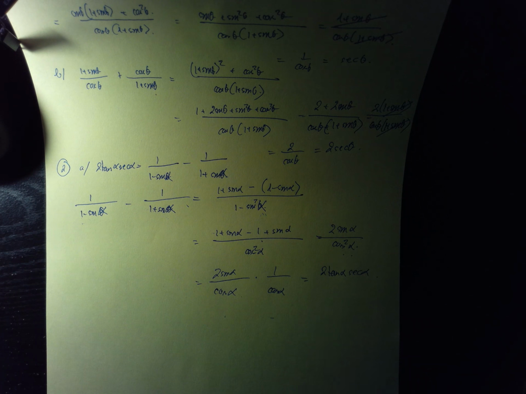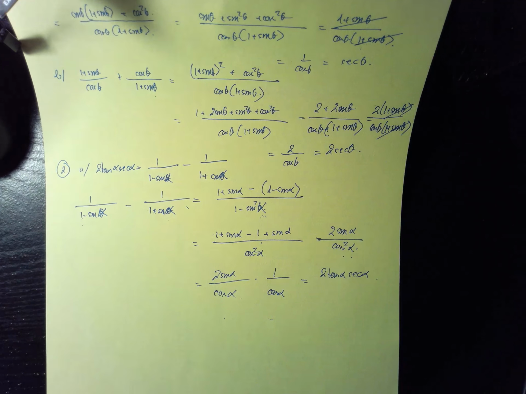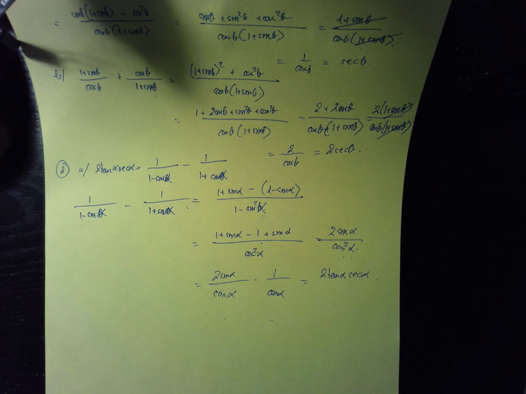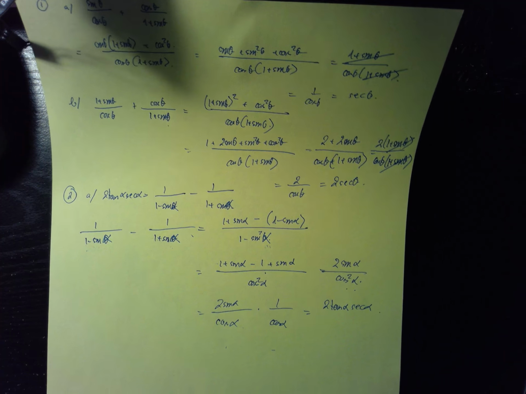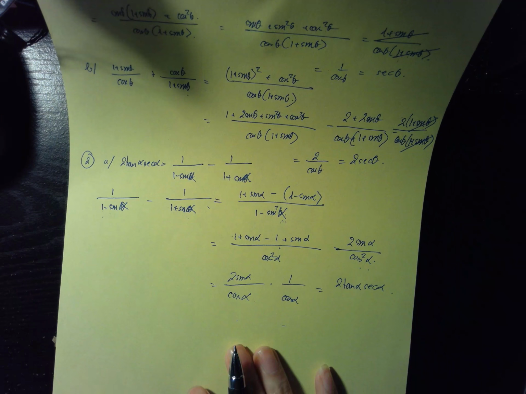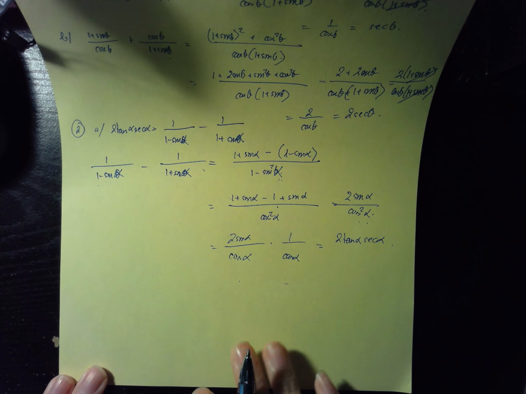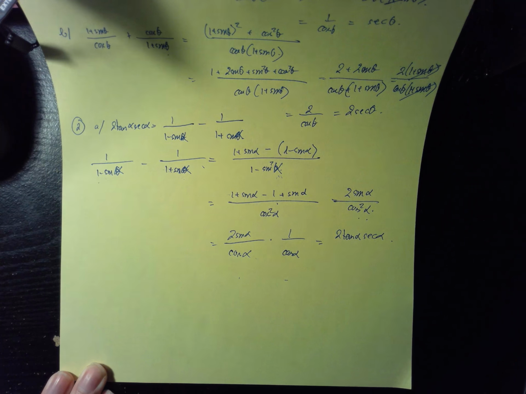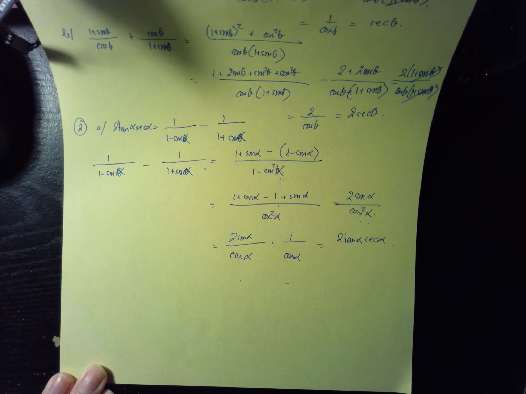Maybe it's too... Oh. About like that? Nope, not like that. Like this? Maybe like this. Okay. All right. Good. So that is for part 2A. Okay. Let's see. Doesn't work like that either. I'm sorry, guys.